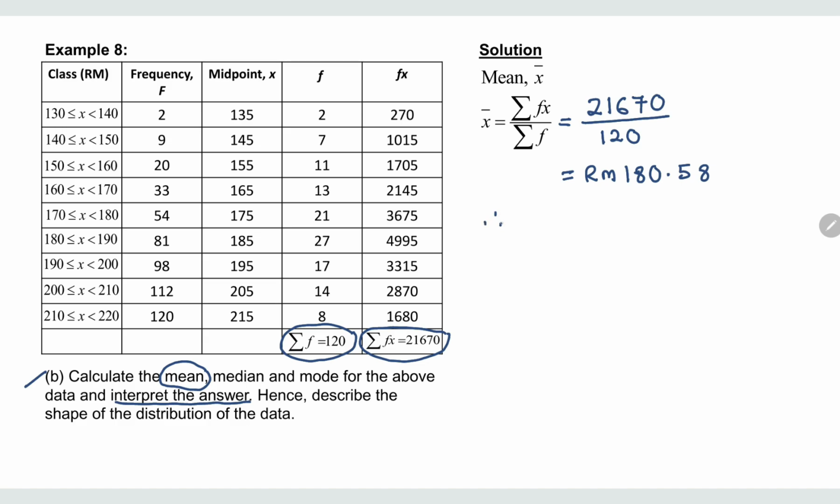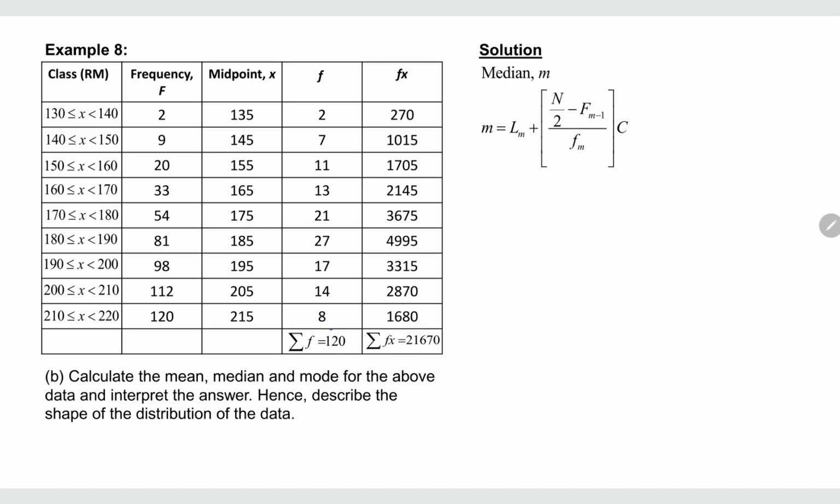To interpret the mean, therefore the average expenses in fuels is RM180.58.